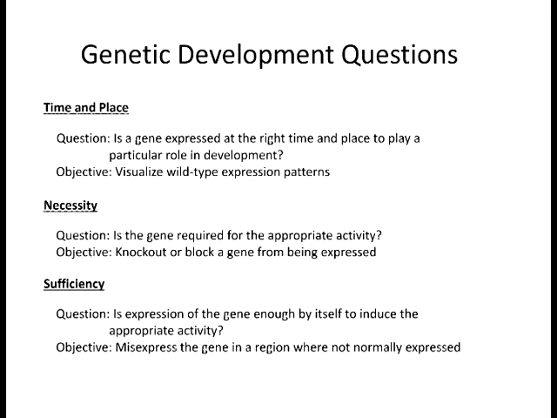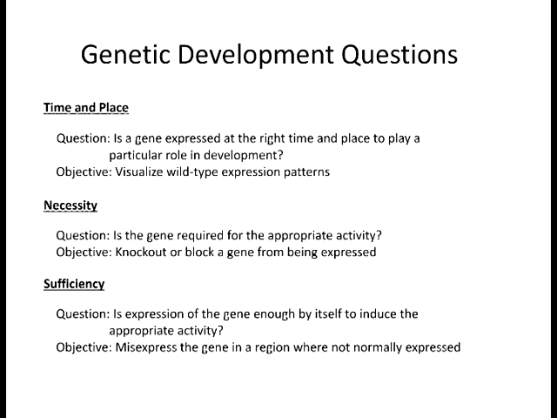These are the three universal questions we ask in all of developmental biology. No matter what you are studying, these are the three questions you always ask. Doesn't matter whether you're studying limb development, whether you're studying muscles, neurons, any stage of development, these are the three questions. So what are they?